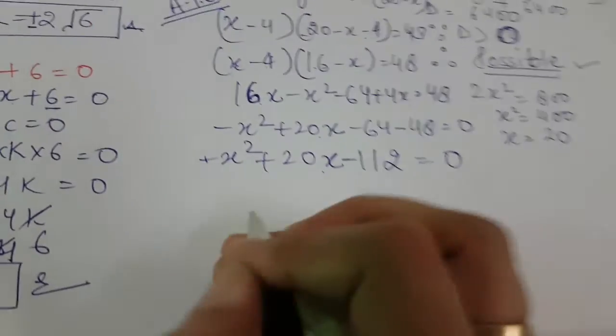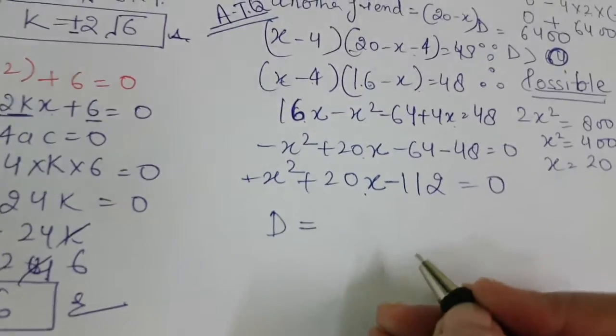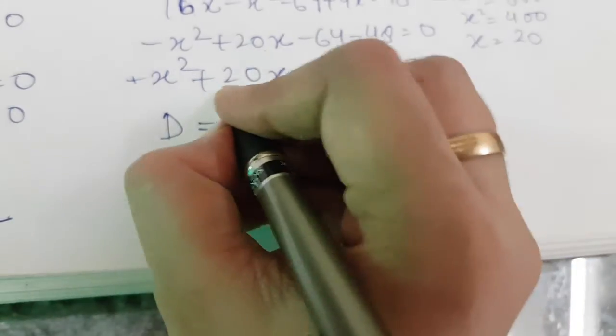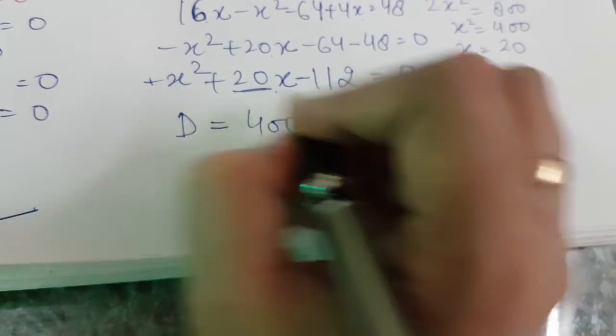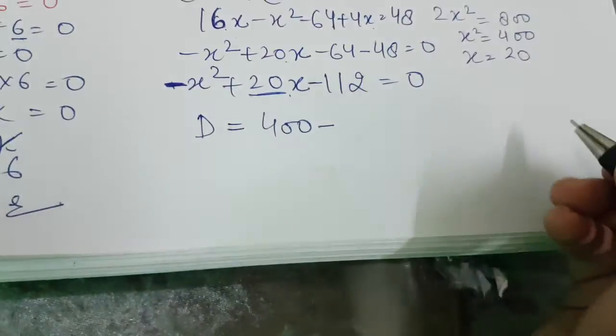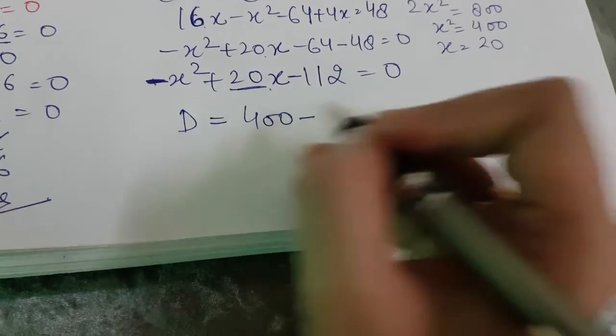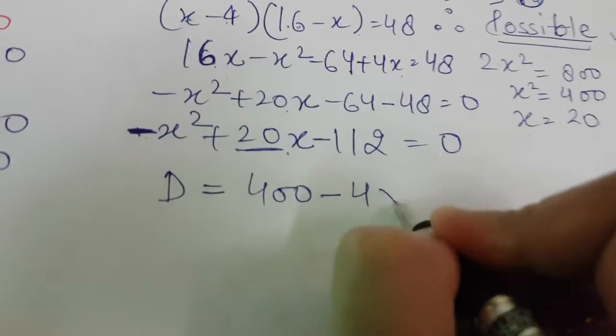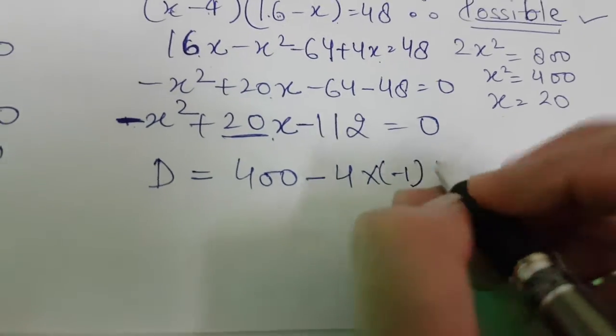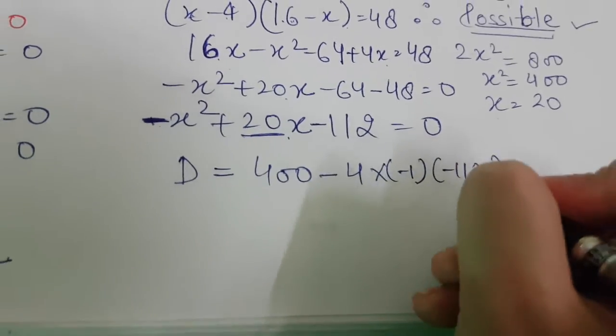So first you find out is it possible or not. It means the value of D. B square, it means 20 square is 400, minus 4ac. So 4 into a value, which is minus 1, and c value, which is minus 112.